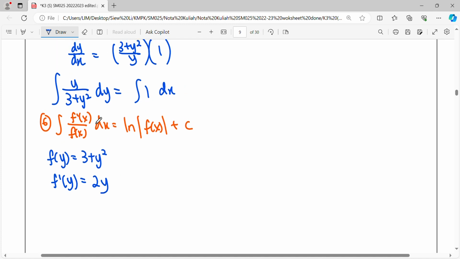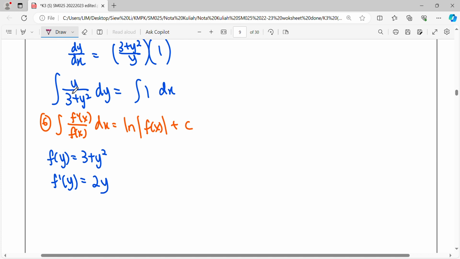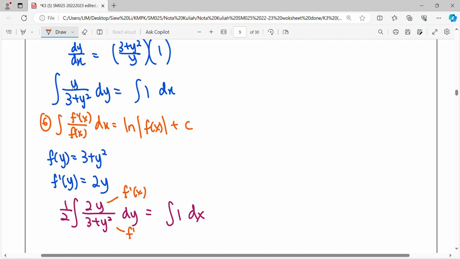So when this one is our function, supposedly we can get the differential function as 2y, but what we have here is just y. So we can modify the question by multiplying by 2 and dividing back by 2, so that we can get the special form of the formula where this is our f prime x and this is our f x.